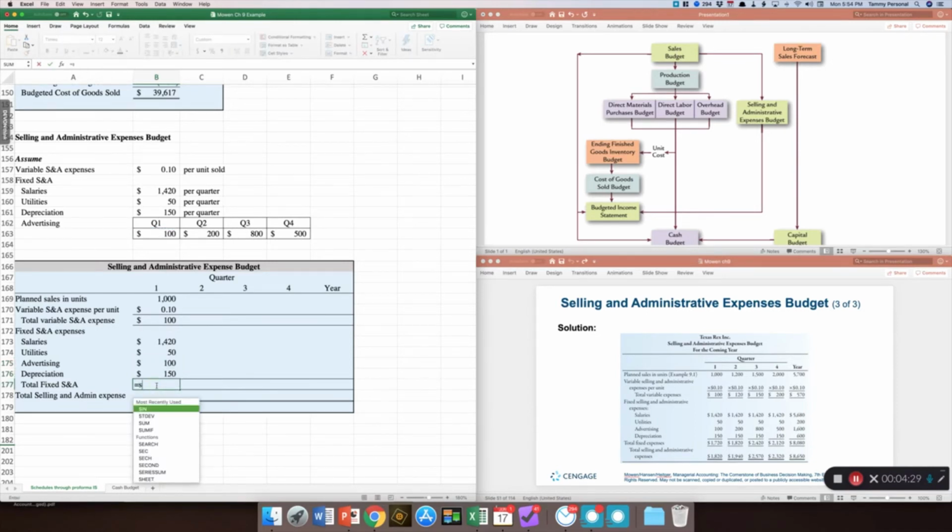Okay, my total is going to be the sum of all of these. 1,720, and so therefore we've got 1,720 in fixed, 100 in variable, and so we can go ahead and sum those up, and that'll give us our total selling and administrative expenses for the year.